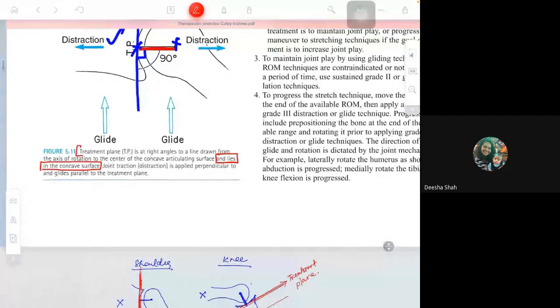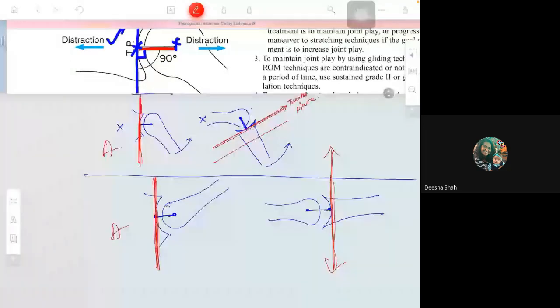The treatment plane lies in the concave surface, not convex. Clear? It always lies in the concave. As the concave bone is moving, the treatment plane will also move. Are you clear with this example?